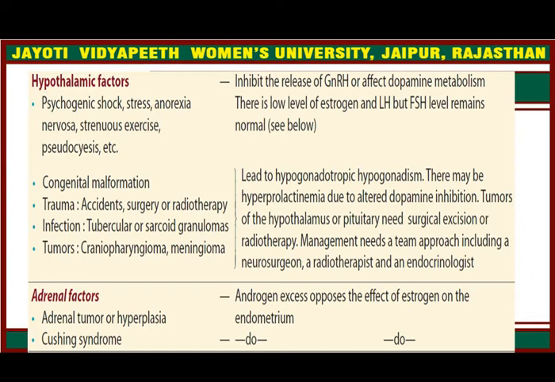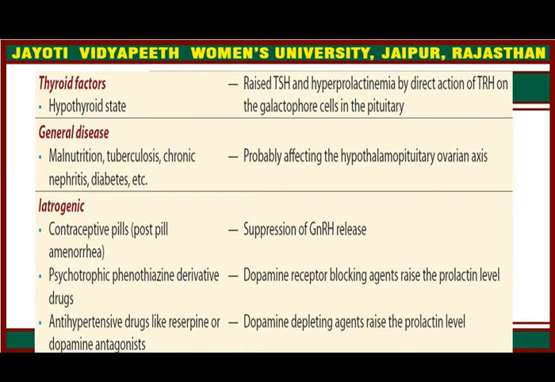Adrenal factors like adrenal hyperplasia and Cushing syndrome. So here testosterone will be in excess, and the estrogen effect will be minimized because of the excessive testosterone, and that may lead to amenorrhea. Thyroid factors. Generally hypothyroidism is the condition where the raised thyroid stimulating hormone will be there, and that may have an effect on the thyroid releasing hormone, that will have an impact on the pituitary gland, so GnRH secretion will not be there, and that will lead to amenorrhea.